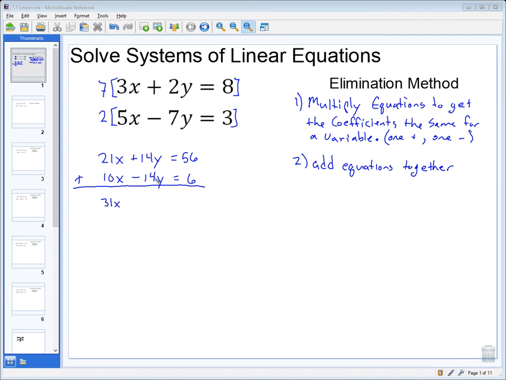The y's cancel each other, and I have 56 plus 6, which is 62. Now from there, it's pretty easy to solve for the variable. At this point, there should only be one variable left. We just have an x, which means I can divide by 31, and I get that x equals 2.